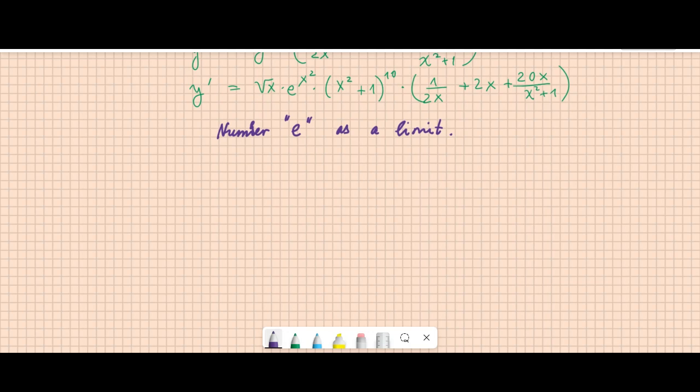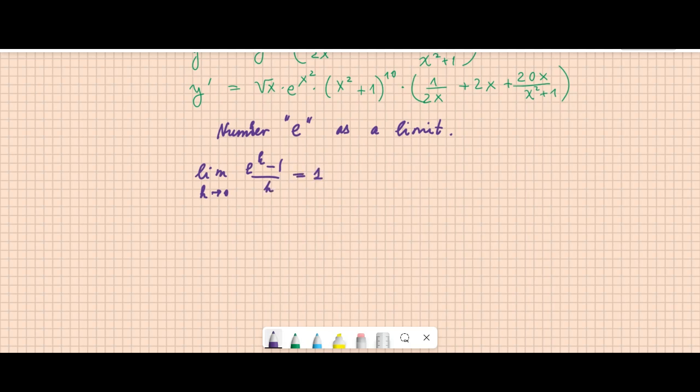So, we remember that we define number e as a number which fits into our limit. Limit as h approaches 0, right? I'm going to just write down that (a to the power of h minus 1) over h equals 1.